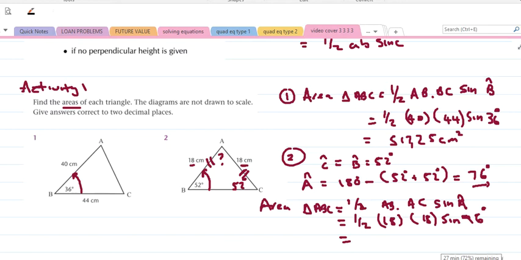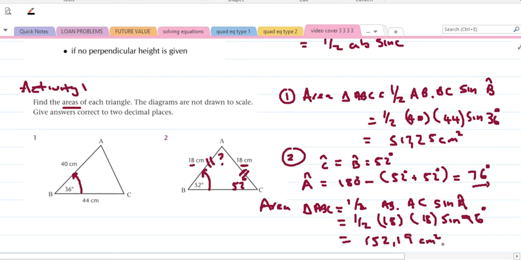And what does that give us? If we put that in the calculator, 157.19 centimeters squared.